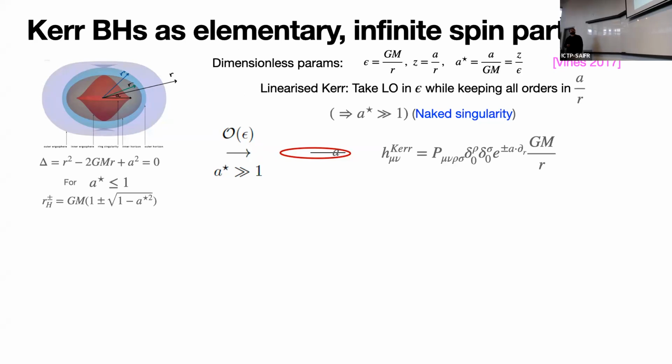And the linearized metric for that case, as we have learned from Justin, has this very nice exponential structure. It's like a chip acting on the Newtonian potential.